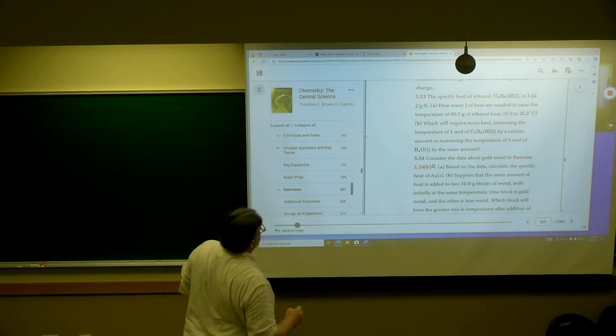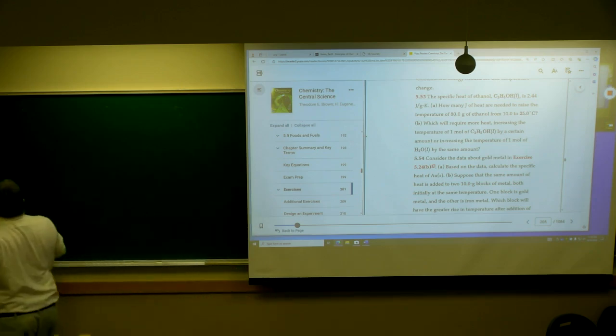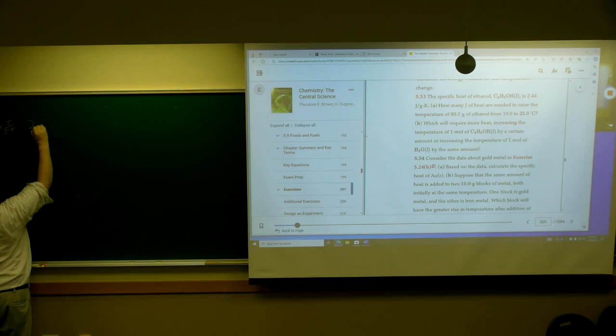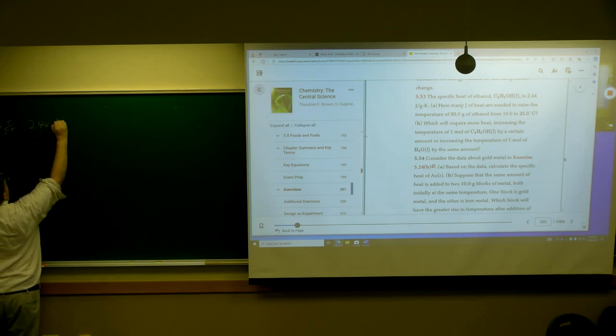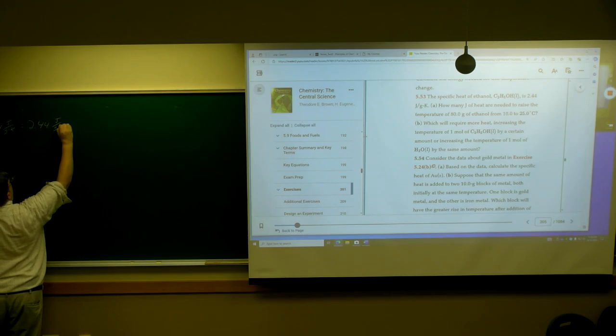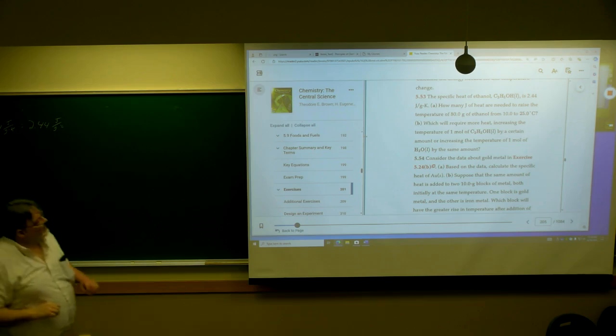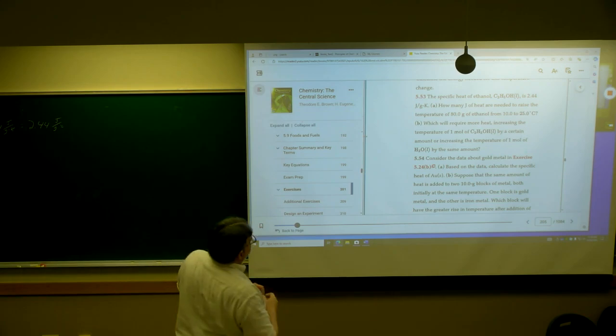So it's 2.44 joules per gram, and it's got K there, but you can immediately go joules per gram per degree C because it's a delta T. Where are we being asked?